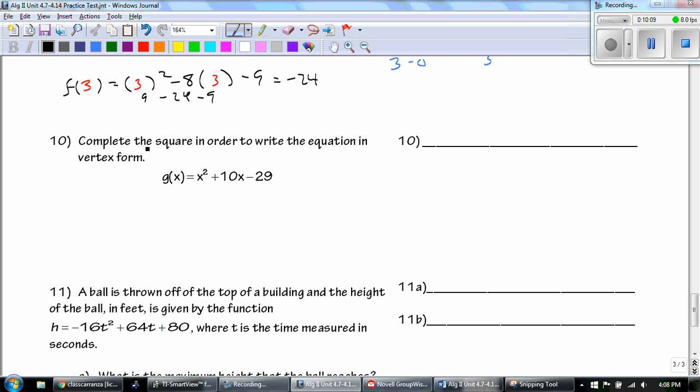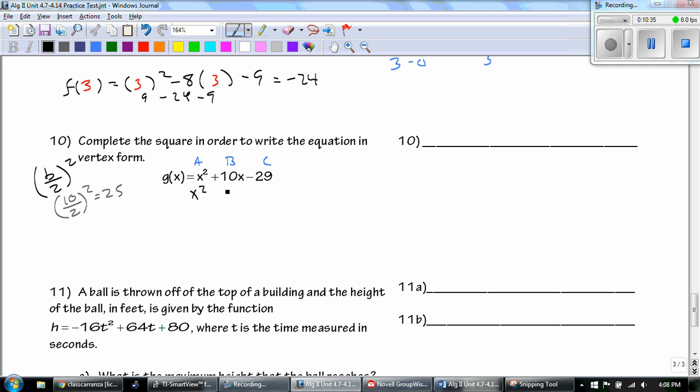Okay, complete the square in order to write the equation in vertex form. So there's my A, B, and C. When we're doing completing the square, we need to take B divided by 2 and square it. So that would be 10 divided by 2, which is 5, and 5 squared is 25.